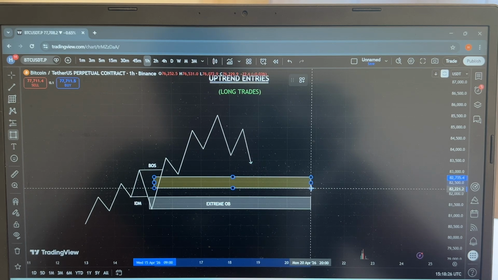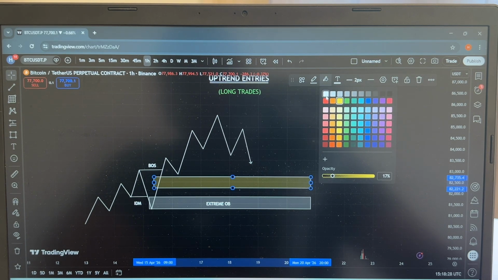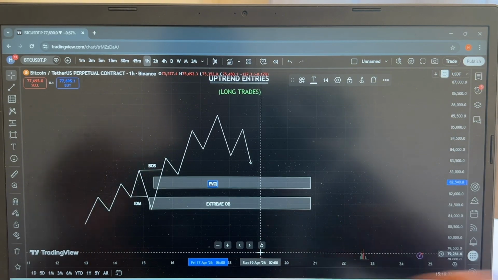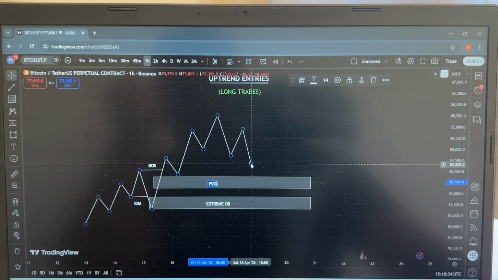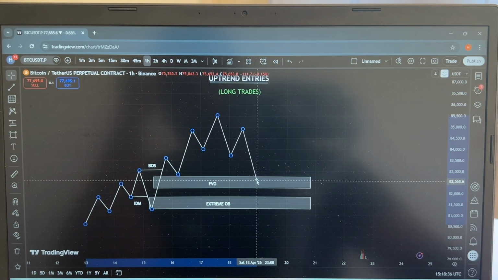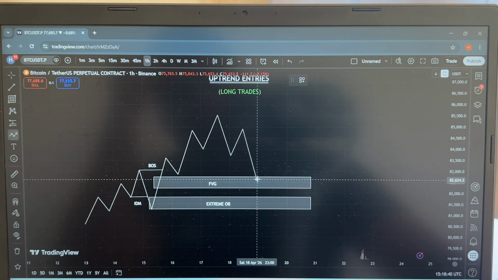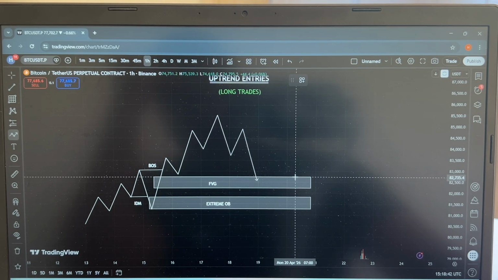There's an FVG over here. This is an FVG, and you feel like the market's going to come here and then go back up. So you're going to put your entry over here.